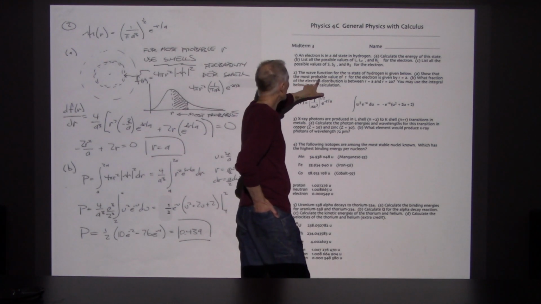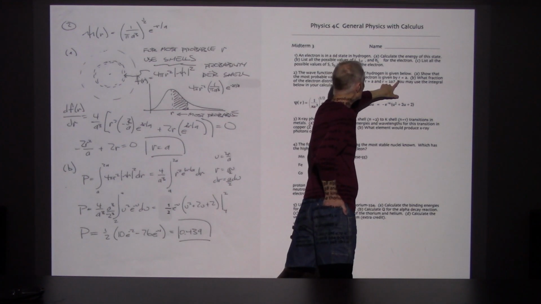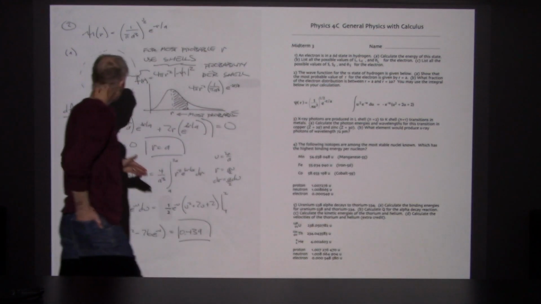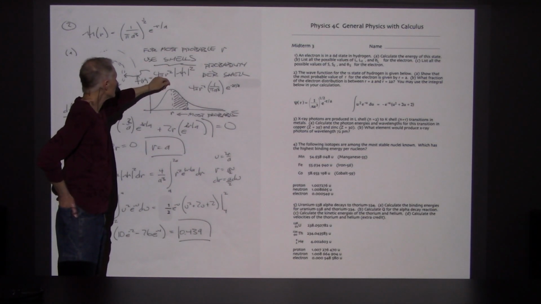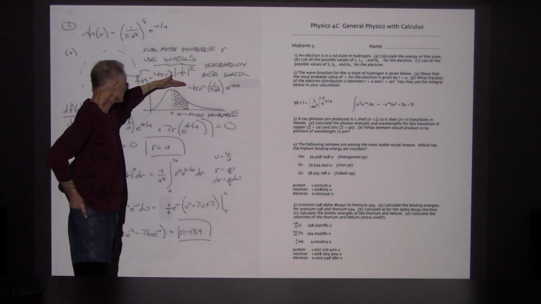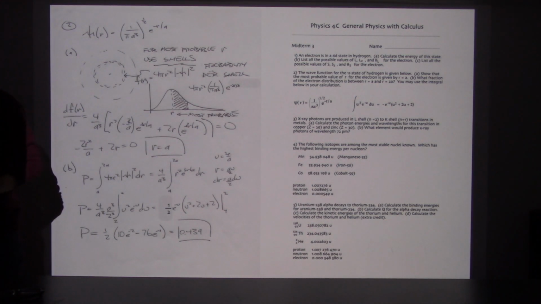Find the most probable value of r for the electron. Show that it's at the location r is equal to a. That's telling me if I do the probability distribution as a function of r, there's going to be a place where that function maximizes. To do that, I take a derivative and set it equal to 0. I'm not going to integrate. I'm going to take a derivative.